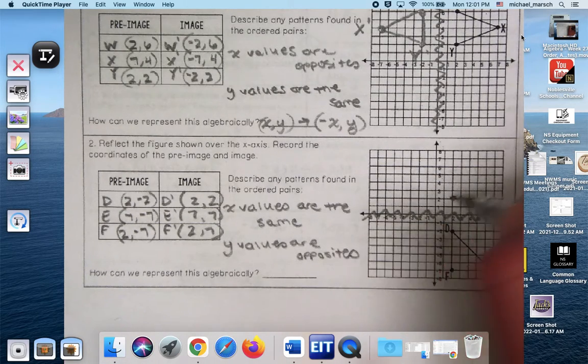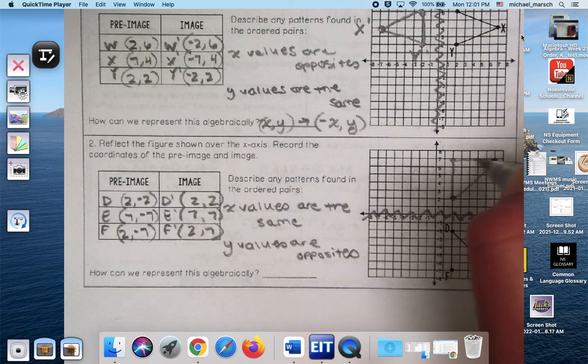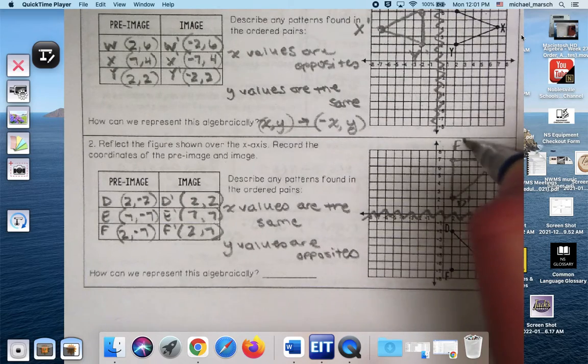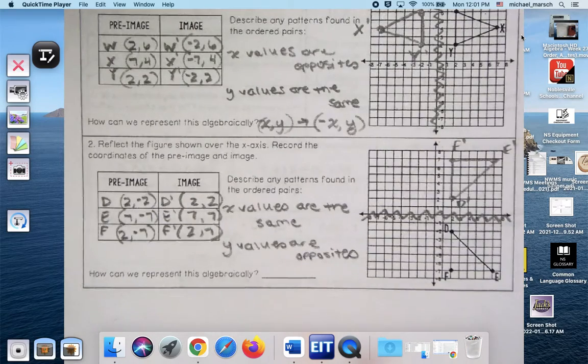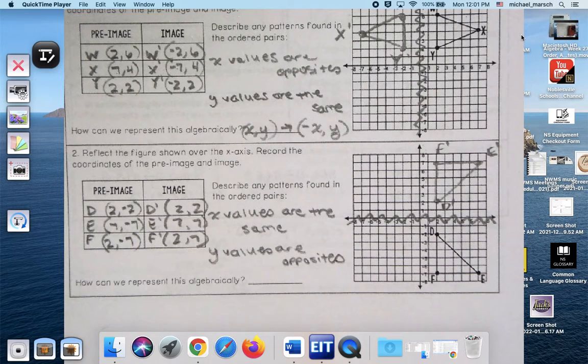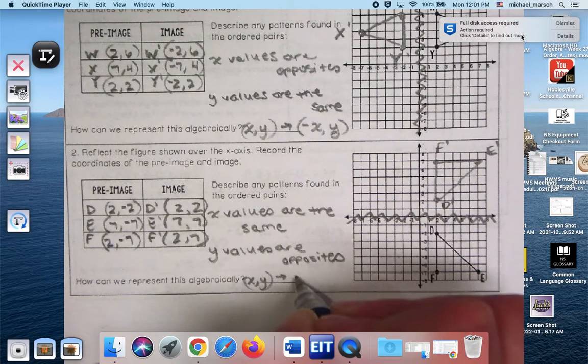So when I plot these, they prove that I did my reflection correctly. Algebraically, I start out with x, y, and I'm going to end up with x, opposite y.